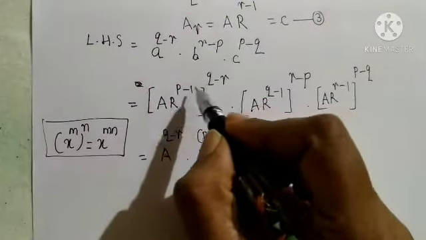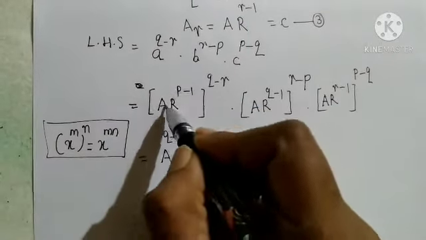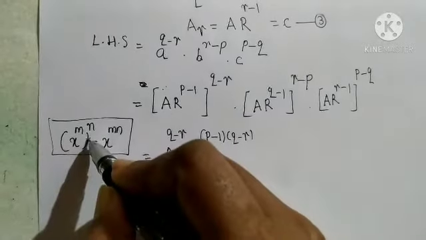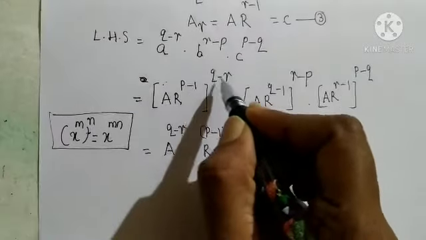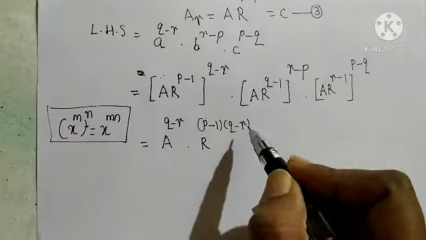Taking this power inside the bracket, we get A raised to q minus r into R raised to p minus 1 into q minus r.